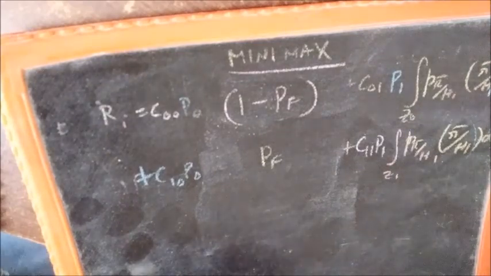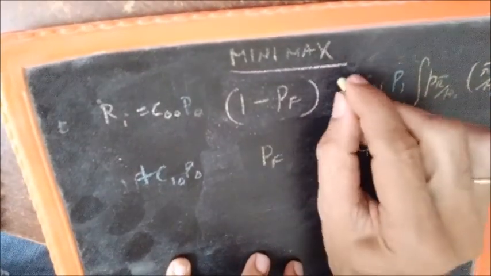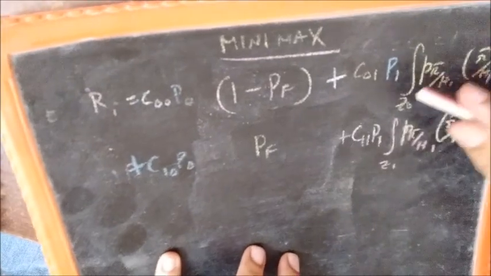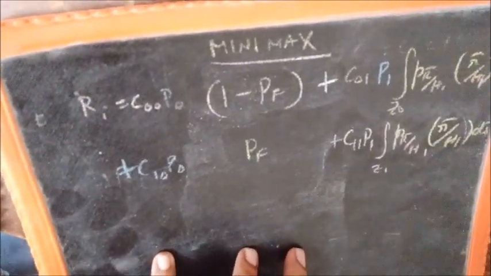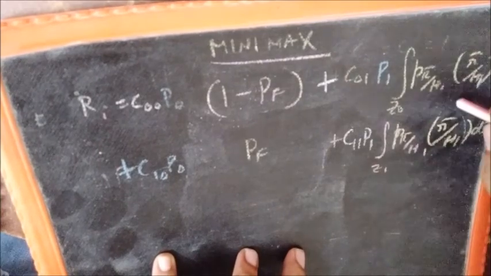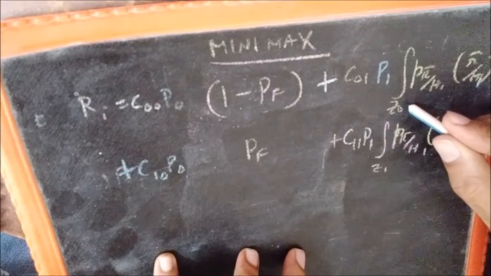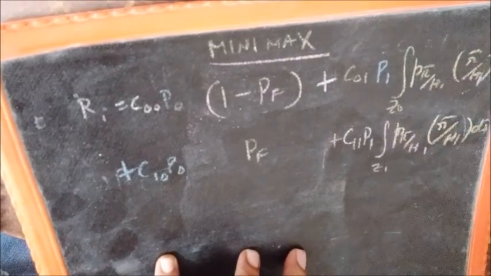Now similarly, if you look here, this integration is the probability of miss, because you are finding the probability of H0 being declared as the true hypothesis when H1 was the actual true hypothesis.